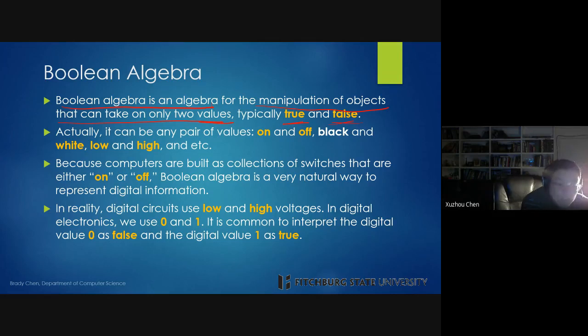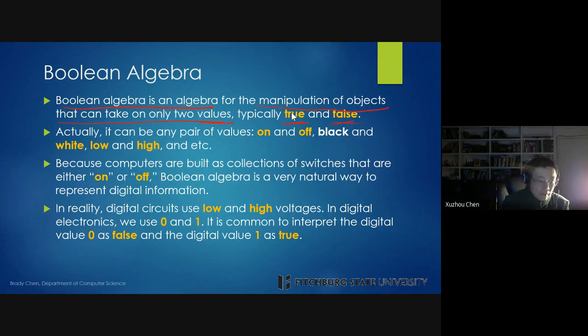Honestly, you can say Boolean algebra takes two values, true and false, but it really doesn't matter whether it's true or false. It could be on and off, black and white, low and high, or circle and square. A circle is one. You just talk about the math dealing with two states.